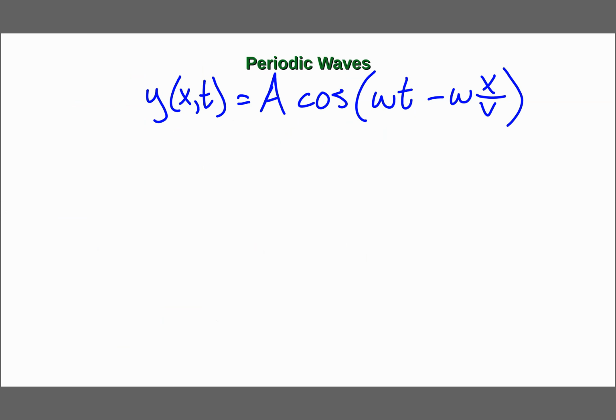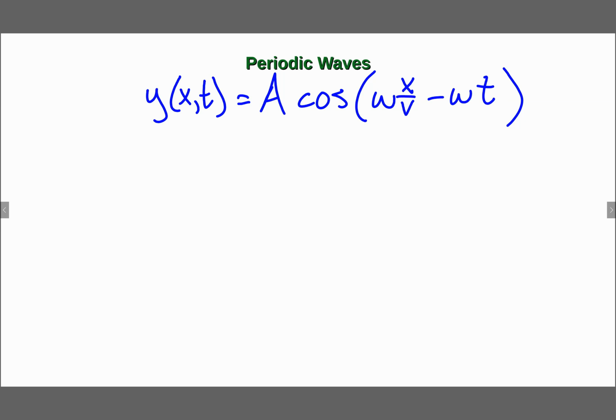So now let's play around with this equation a little bit. The first thing we can take note of is that cosine of minus theta is equal to cosine of theta. Okay? This is just a property of the cosine function. So then we can flip the difference inside if we want to do that. So let's write this as omega x over v minus omega t.